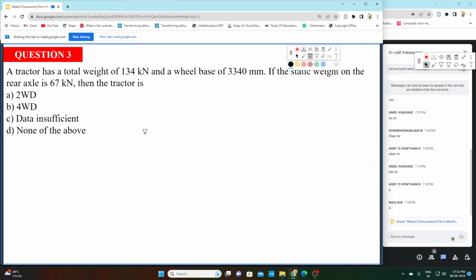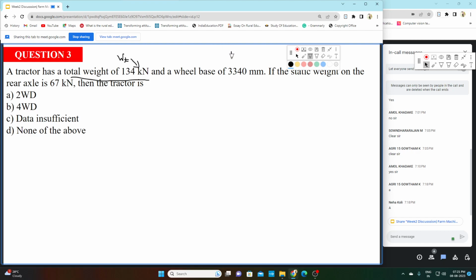It has been asked here, a tractor has a total weight of 134 kilonewtons. It is a numerical question. So that is WT, this data is WT, 134 kilonewton, and a wheelbase of 3340 millimeter.